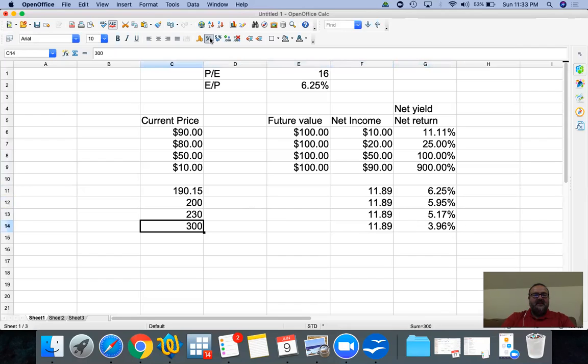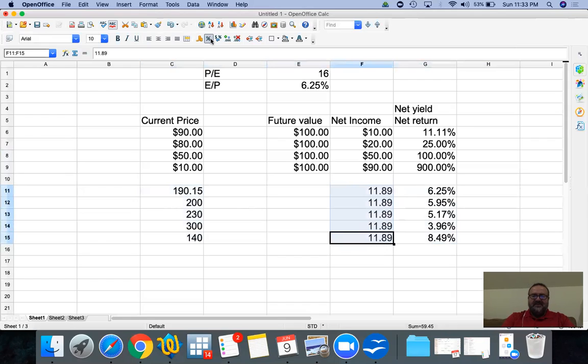So let's say that for whatever reason, price goes down to 140. Now, $11.89, let's assume, does not change. And with that, we end up making 8.49%. Now, again, notice, what we're paying today determines what we're earning in the future based on a net income.